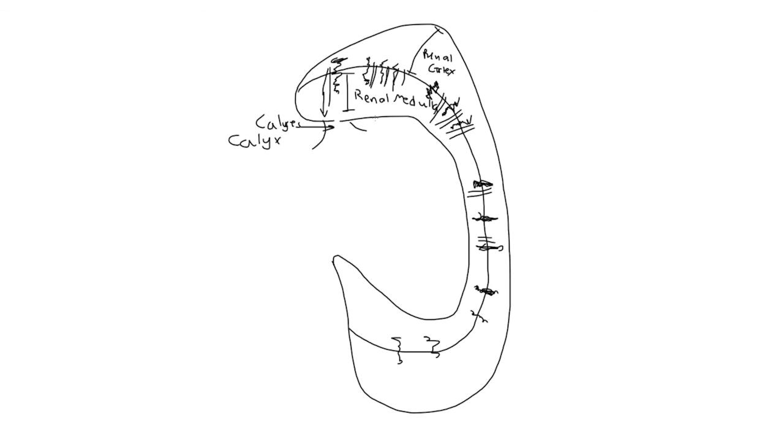And from your collecting ducts, these calyces are going to take the stuff from the collecting ducts in, okay, and then this inside part, right, that's going to be known as your renal pelvis.